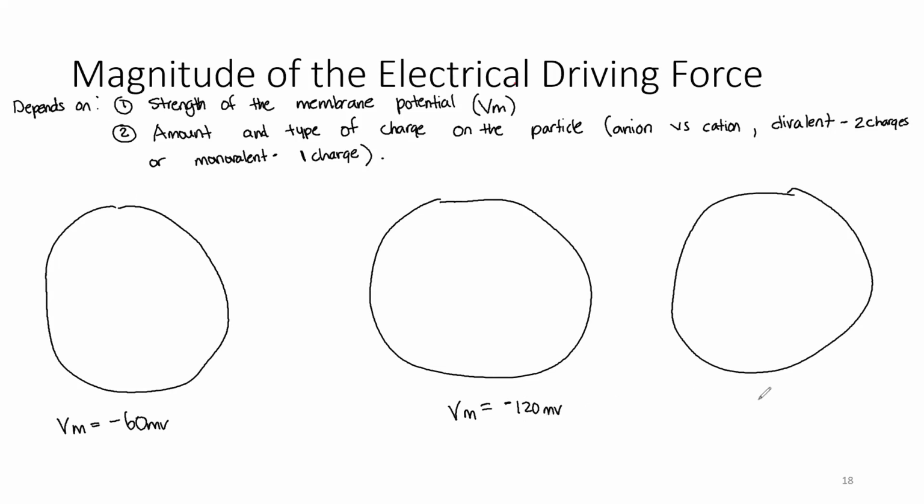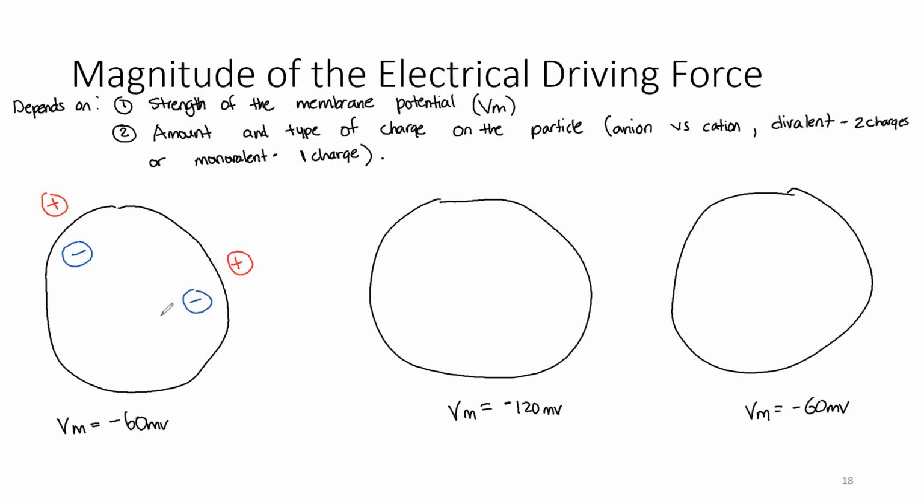And our third cell also has a membrane potential of -60 millivolts. Our first cell has positive charge outside and negative charge inside. So we know that this is that -70 millivolts.